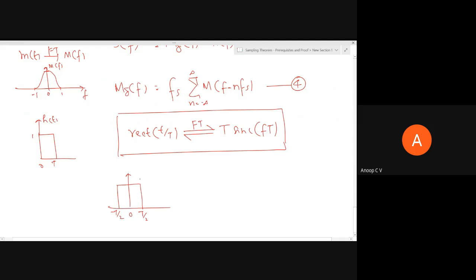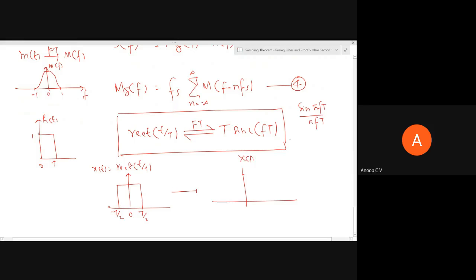If x of t is rect of t by T, then X of f will be T sinc of fT, which is sinc of fT scaled by a factor T. In yesterday's session, I discussed in detail what the sinc function is. So sinc of fT will be sine pi fT divided by pi fT.